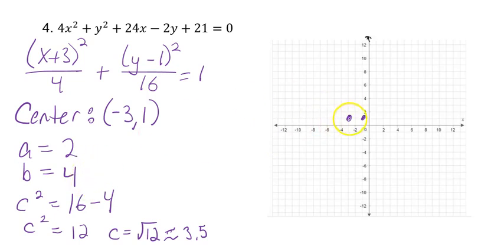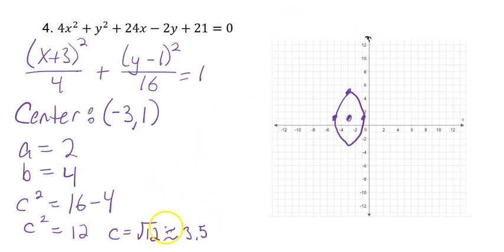My B is 4, so 1, 2, 3, 4 from the center would put me at -3, 5. And then down 4, 1, 2, 3, 4, I'll be at -3. And there's my ellipse.